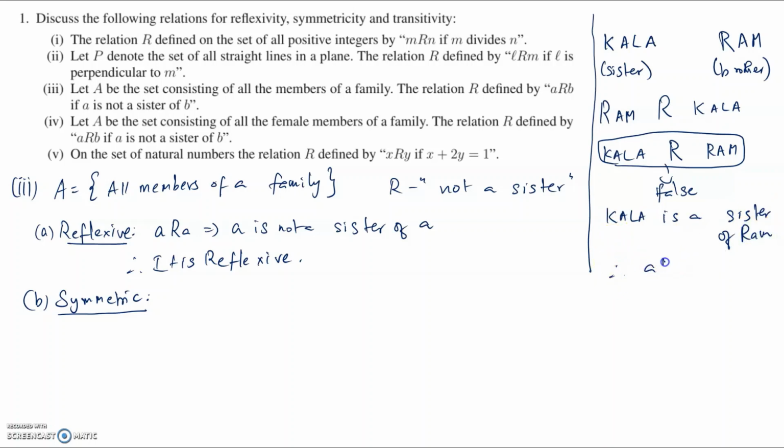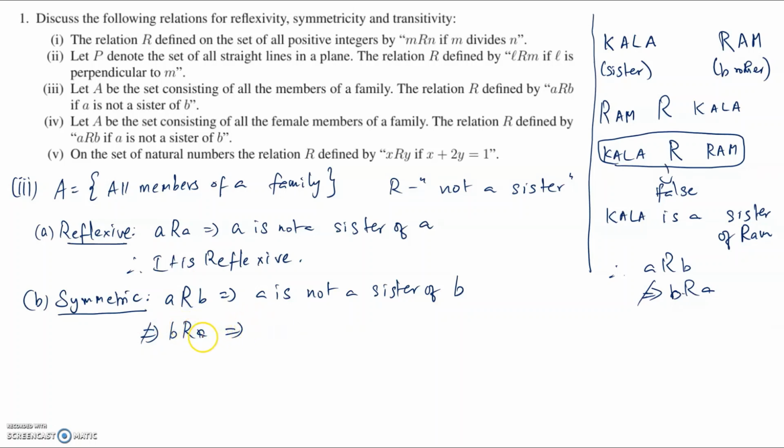Therefore, A related to B need not imply B related to A. So A related to B implies A is not a sister of B, and this need not imply B is not a sister of A. Therefore, it is not symmetric.